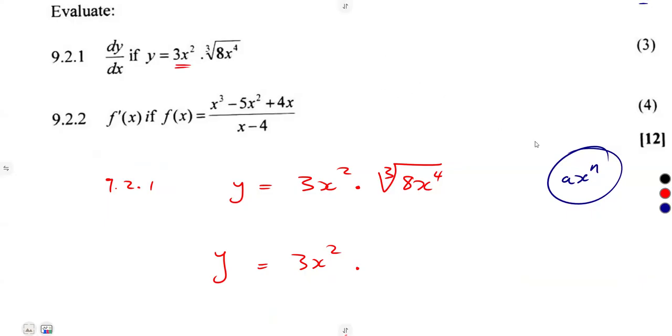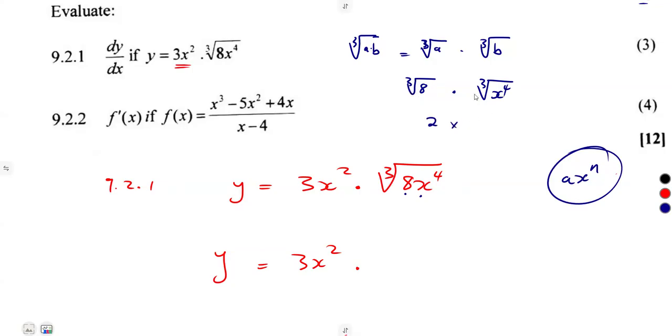The cube root of a times b, let's say it is a cube root, it is a square root, whatever that you're given, the cube root of a times b is the same as the cube root of a times the cube root of b. You can separate as they are two terms: the cube root of 8 times the cube root of x to the exponent of 4, where the cube root of 8 is 2.